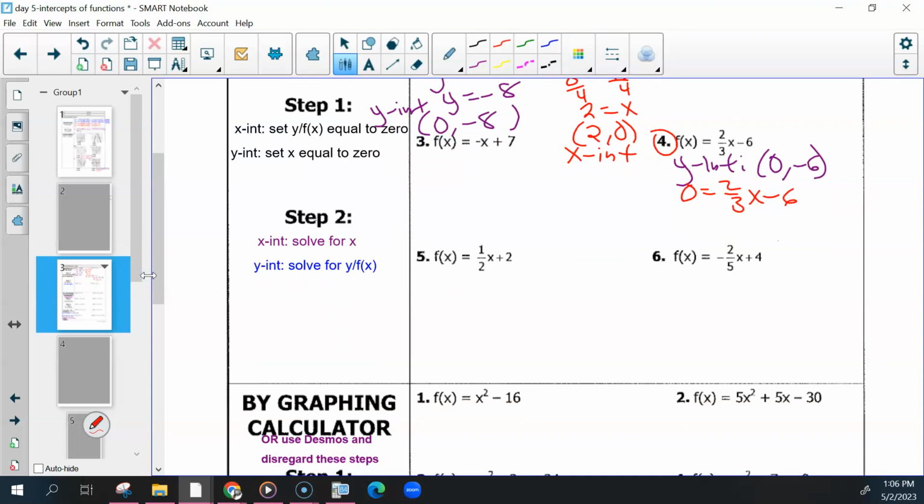How would you do that? +6 on both sides, and then multiply by the reciprocal. It's 9. Take it, flip it, multiply that on both sides, and x is 9. So how would we write that? So it would be 9, 0. Any others in that section?